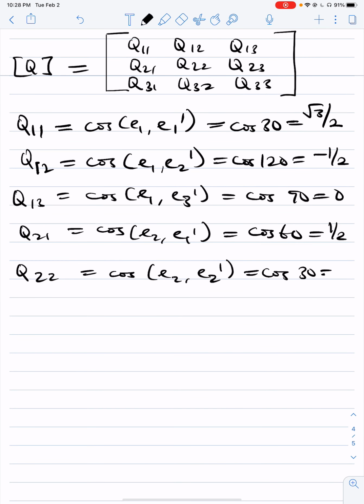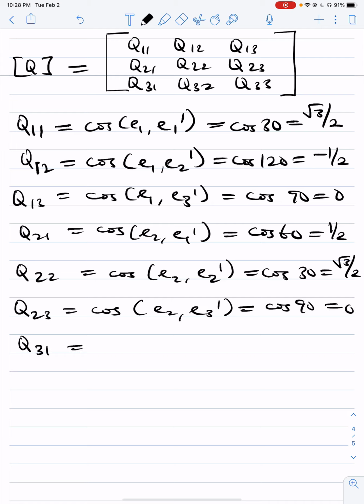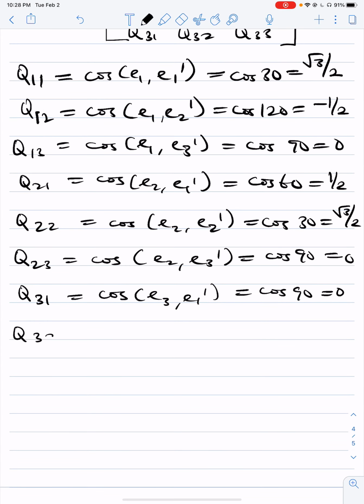The angle between them is cos 30. Q32, oh sorry, that should be Q23, should be cos E2, E3 prime, cos 90 equal to 0. Q32 equals cos E3 E2 prime, cos 90 equal to 0.